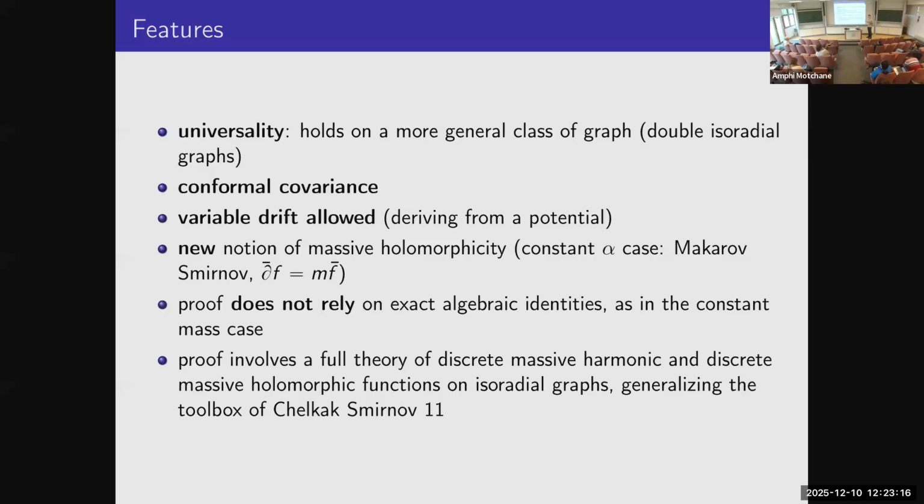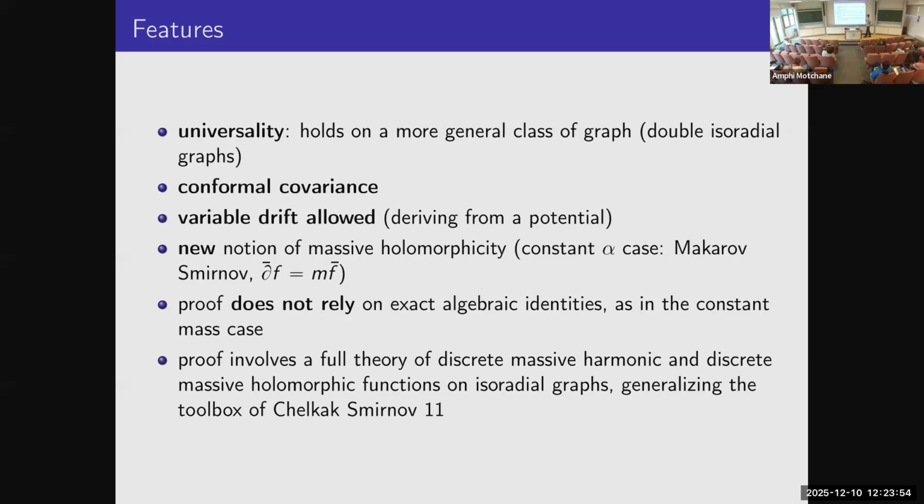If there is no deformation, the limit is expressed in terms of holomorphic functions, which are conformal invariants. But with this notion of massive holomorphicity, you don't have conformal invariance in the limit, but conformal covariance. If you move from one domain to another, then the deformation changes in an explicit way.